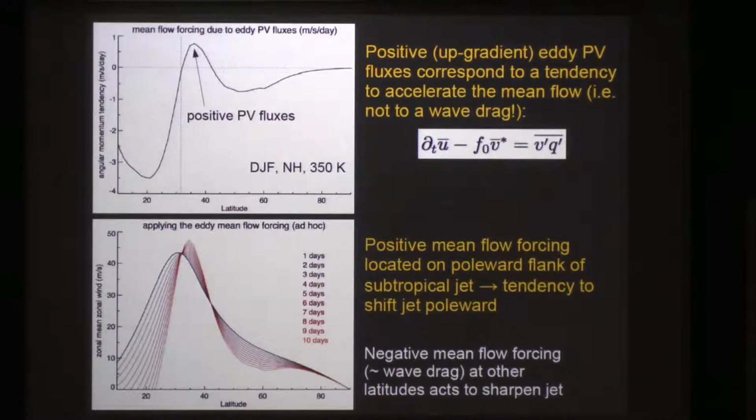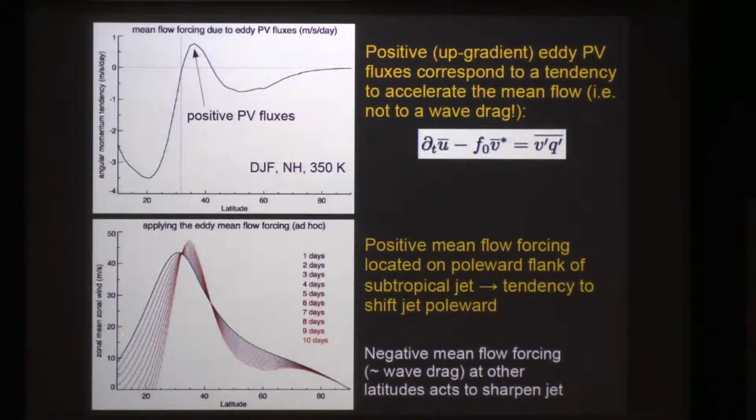So down here, the black line shows you the subtropical jet profile, basically, right? So you have your core of the jet there at 30 degrees latitude. And all I've done is I've just ad hoc taken these tendencies and I've applied them to the black line there over several days, just to show you what would happen if this was all that there was happening.